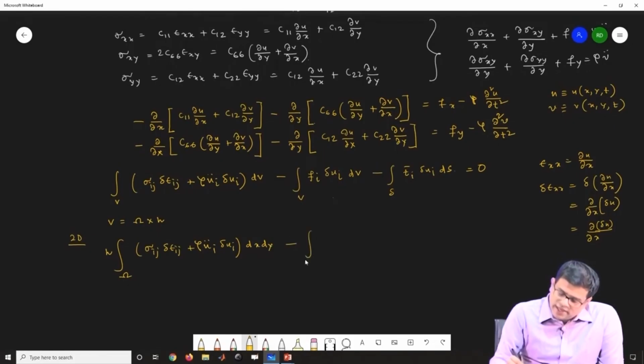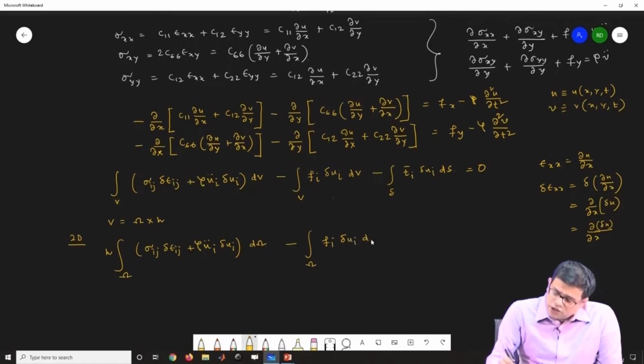So this is again omega, then the body force fi. It is better to represent it as d omega because I am using ij. So fi delta ui d omega.